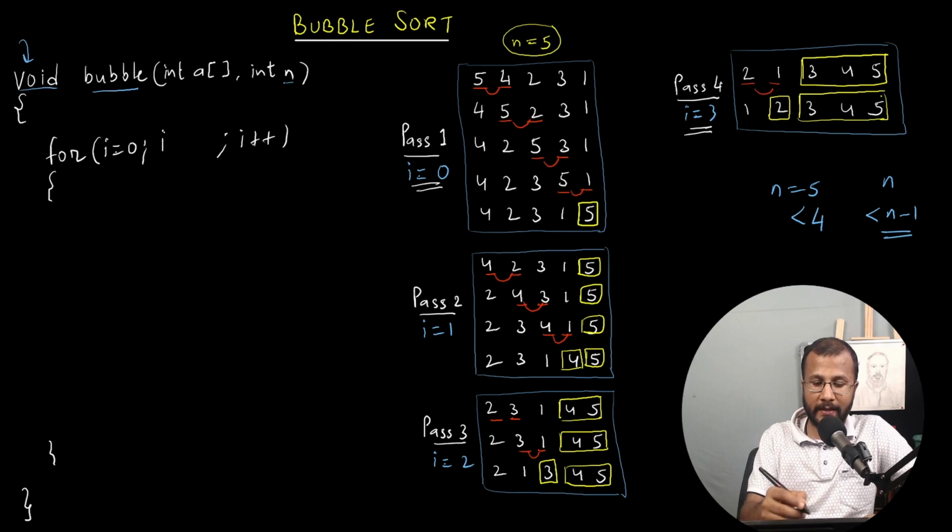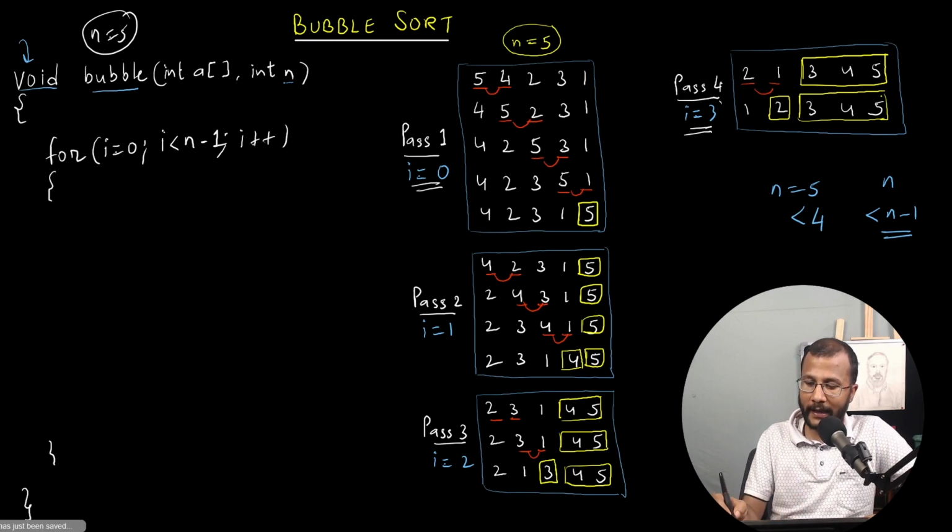In this example, n was 5. So this will go up to less than 5 minus 1. That means less than 4. Less than 4 means up to 3. So up to index I equals to 3, indicating my last pass. Okay. So this is a loop that will take care of each pass. Whenever I am at I equals to 0, I am at pass 1. Okay. So this is my outer loop.